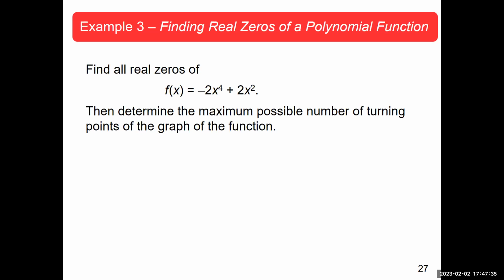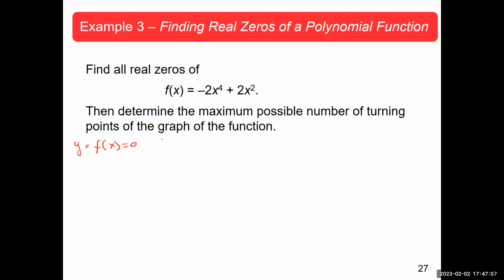Find all real zeros. Well, this example, we solved it in chapter 1 when we looked for the x-intercept. Those are the same things. So basically, you're going to say f(x) equals 0. You set the function, or you can say y equals f(x) equals 0.